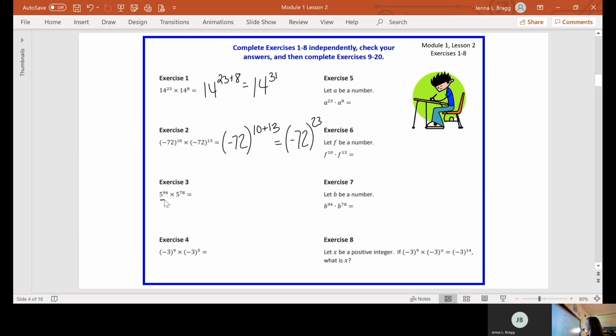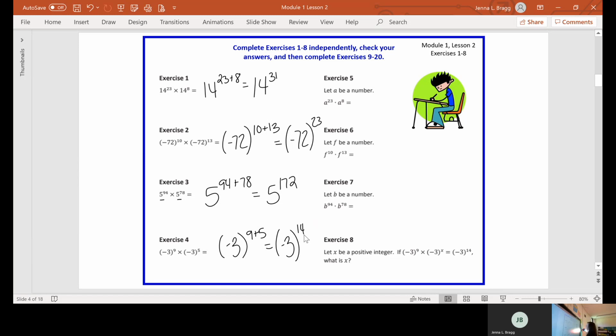Exercise 3, both of my bases are 5. 5 to the 94th plus 78 gives me 5 to the 172nd power. Exercise 4 is negative 3 to the 14th.